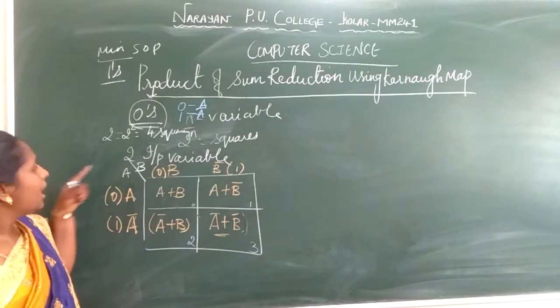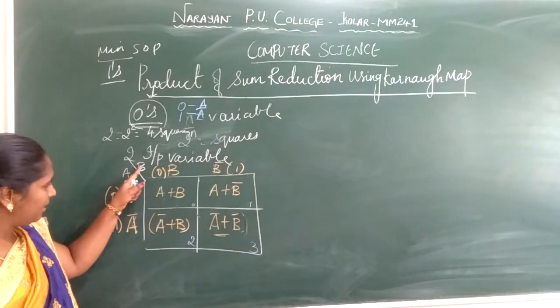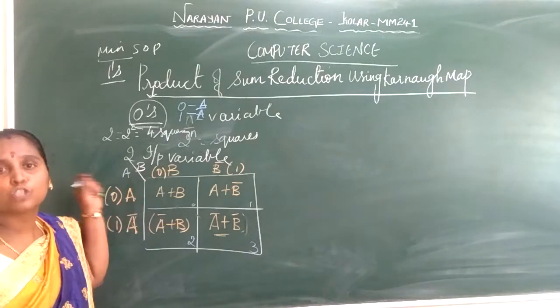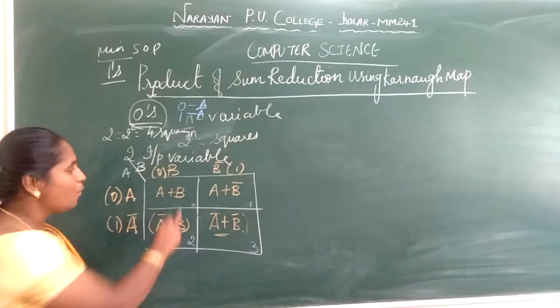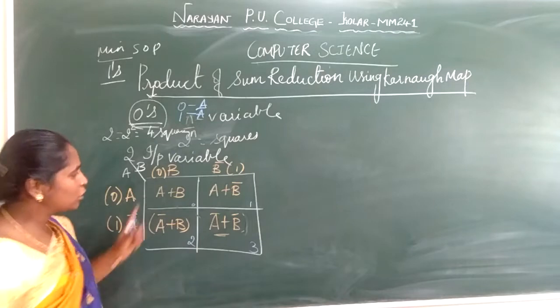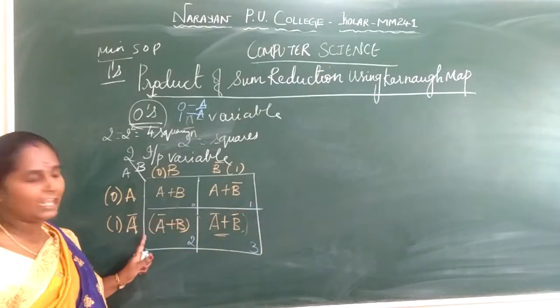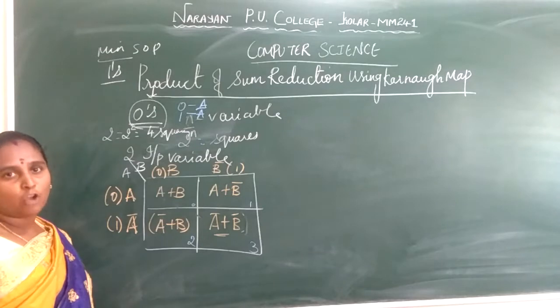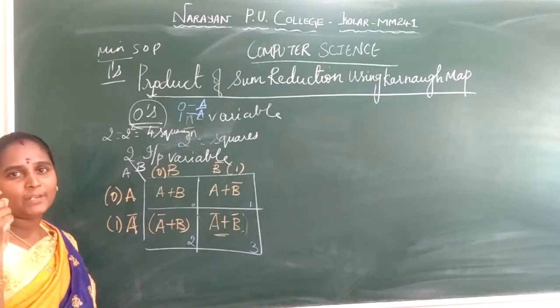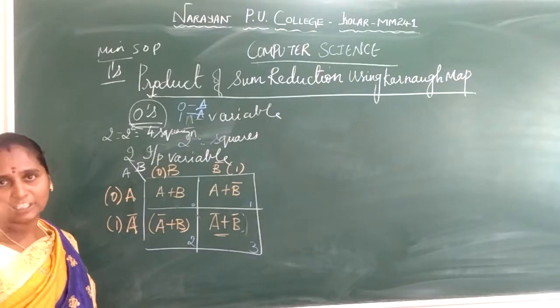Once again, I am taking 2 input variables A and B. This 2 means 2 squared, nothing but 4 squares, represented in your K-map. Complemented means you take it as bar. Uncomplemented means you consider it as 0.